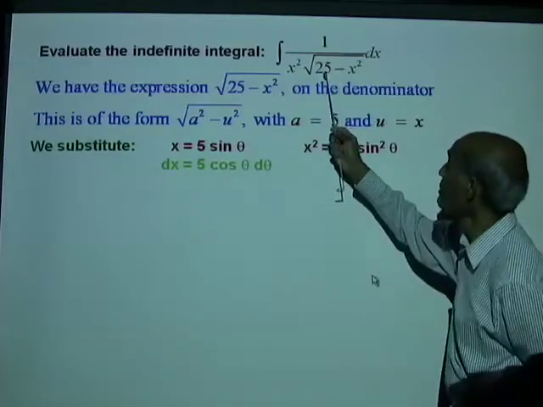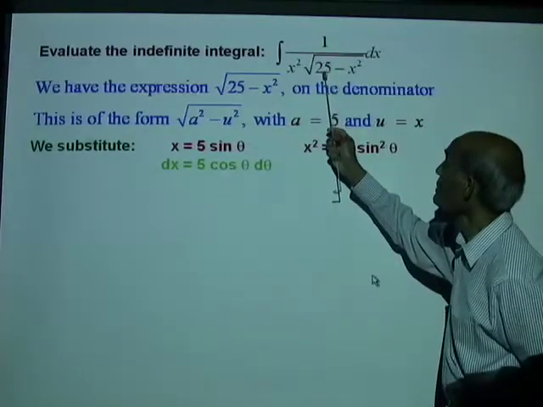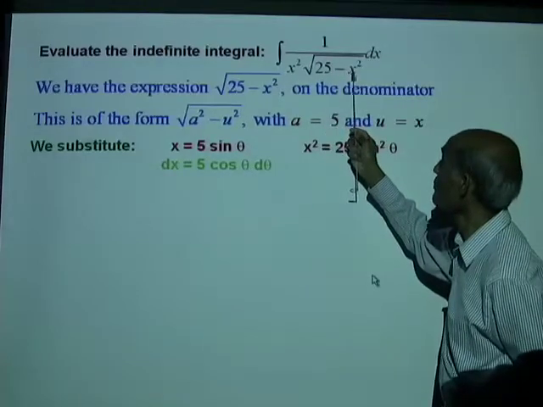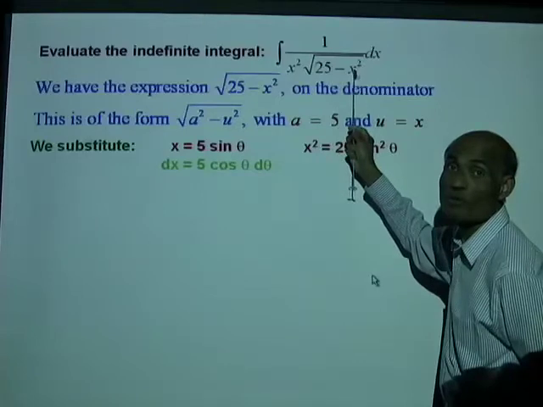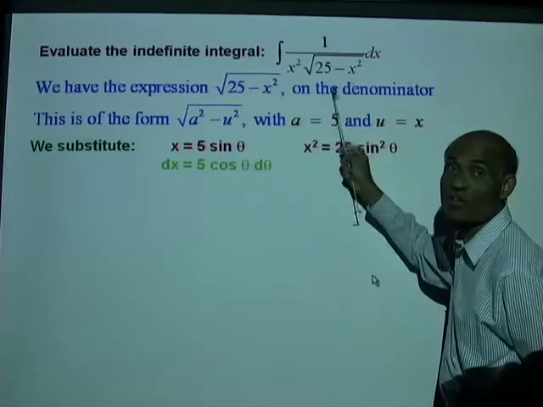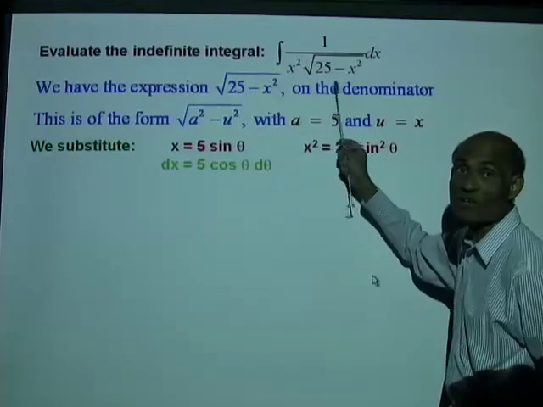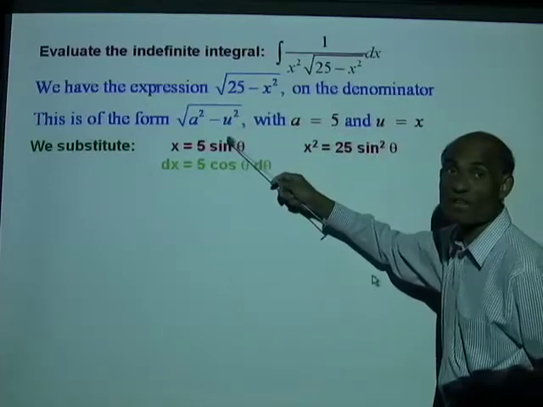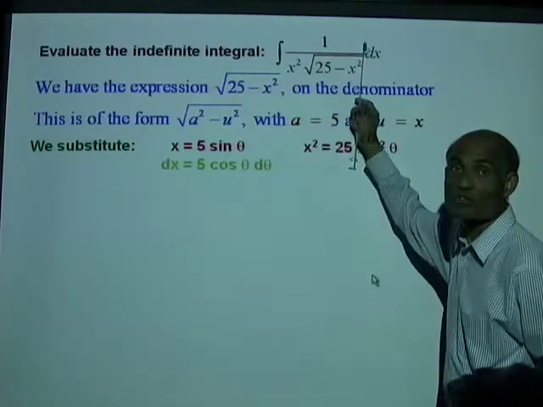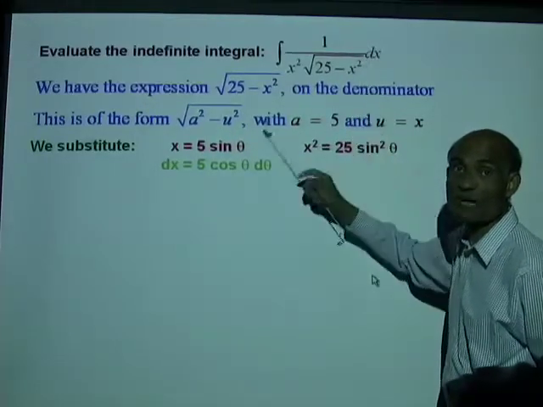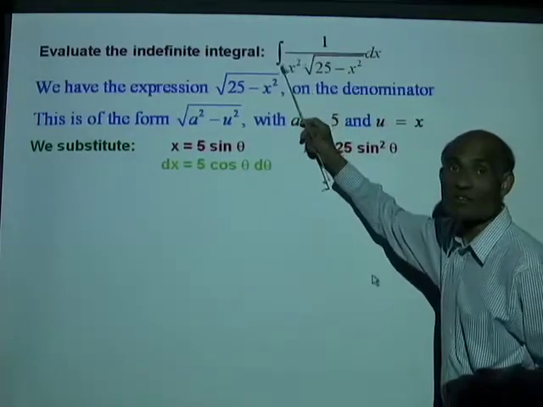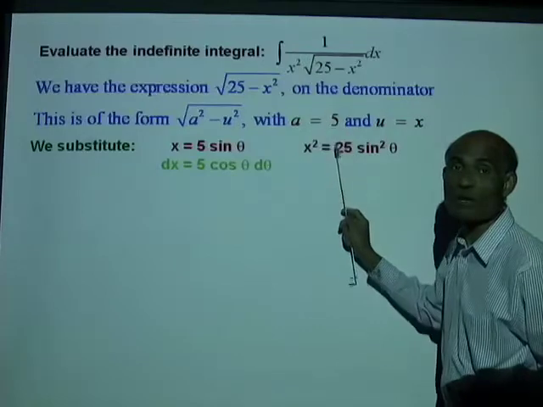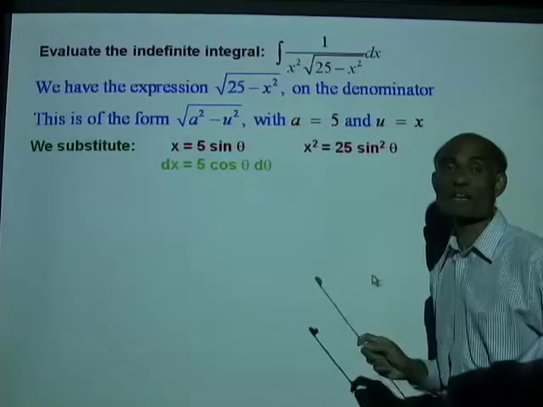When x is replaced as 5 sine theta, this dx needs to be replaced by 5 cos theta d theta, and this x squared needs to be replaced by 25 sine squared theta.